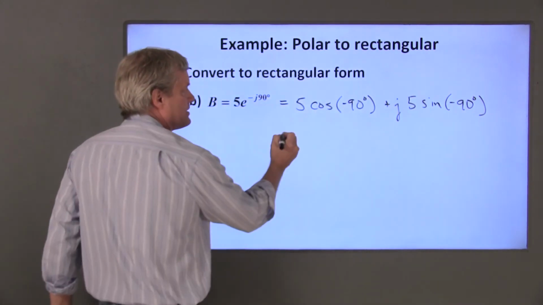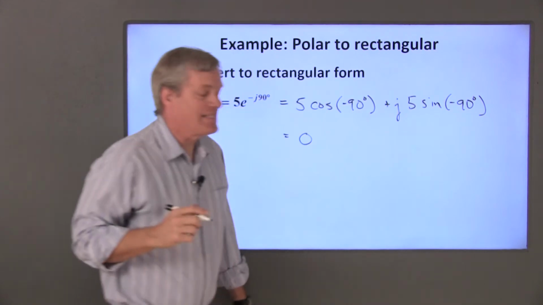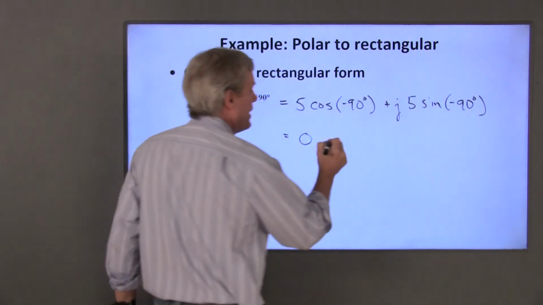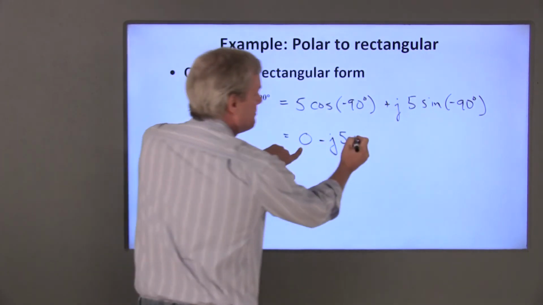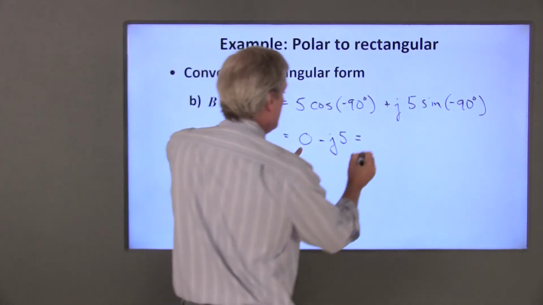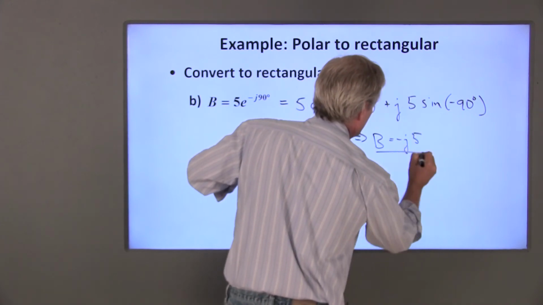The cosine of minus 90 degrees is 0. This becomes 0. The sine of minus 90 degrees is negative 1. So this becomes 0 minus j5. I don't have to express the real part if I don't want to. So b is equal to minus j5.